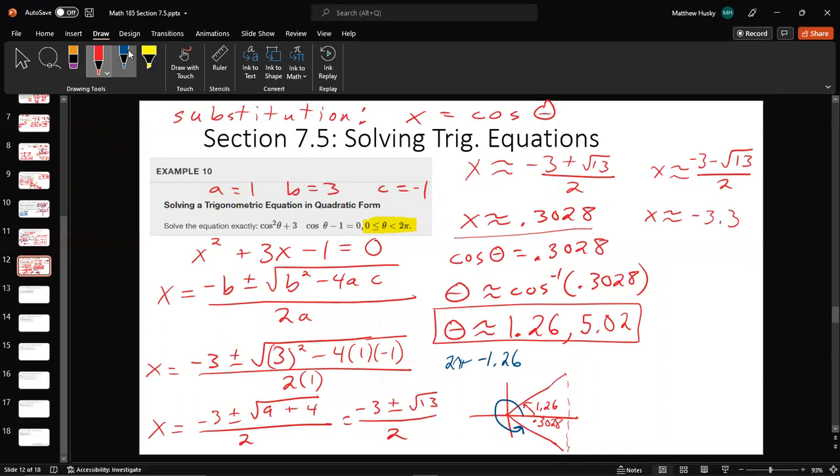Fun fact, cosine can only be from -1 to +1. So it is impossible to get a cosine of -3.3.